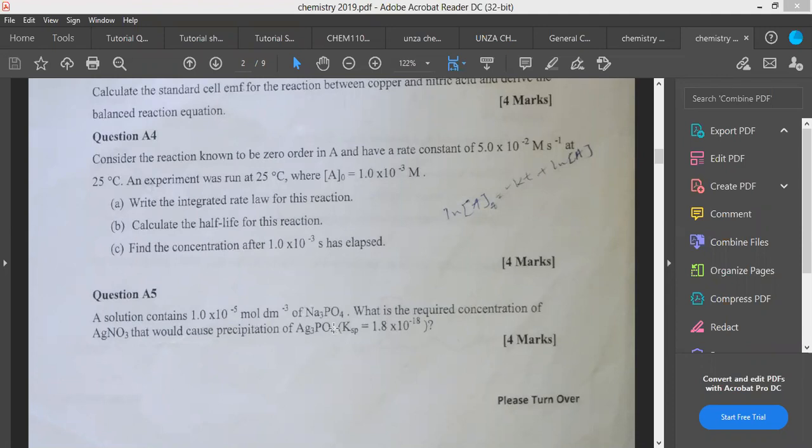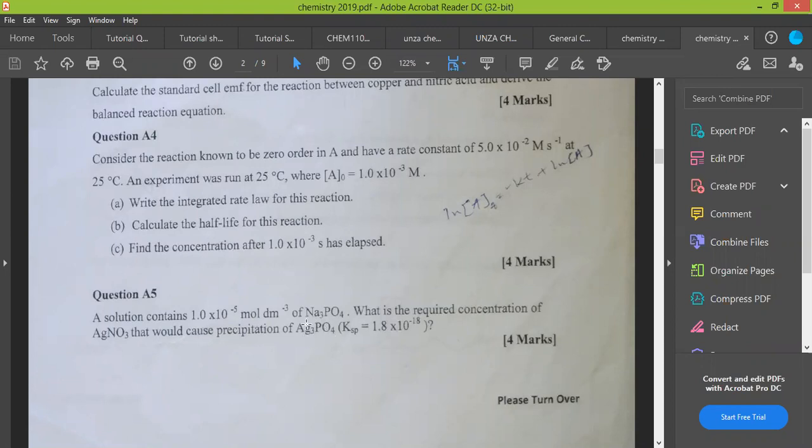So when you write the dissociation equation for this salt here, what is going to happen is that Ag3PO4 will dissociate to give you 3Ag+, and then plus PO4 3-. That is your dissociation equation, okay?